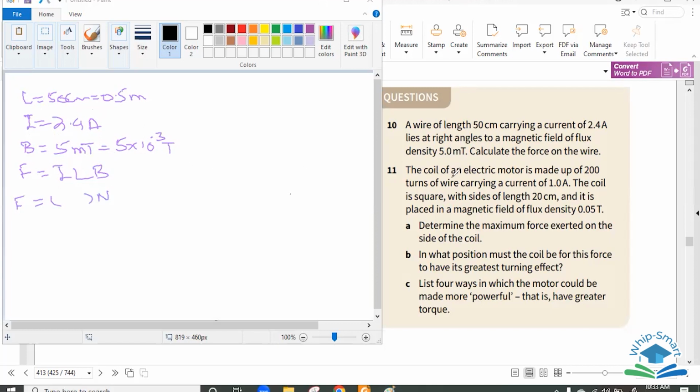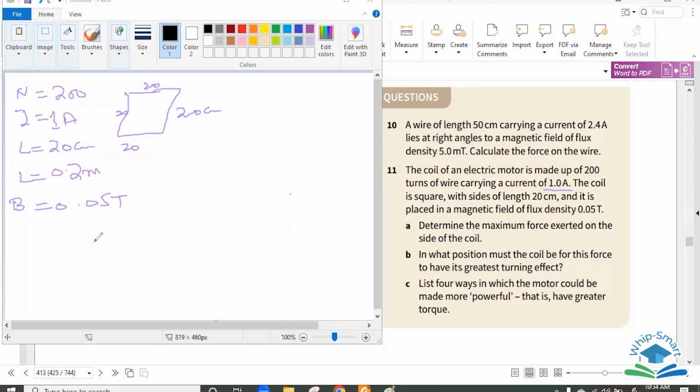The coil of an electric motor is made up of 200 turns of wire carrying current 1 ampere. The coil is square with both sides length 20 centimeter and it is placed in a magnetic flux density of 0.05 Tesla. Part A says determine the maximum force exerted on the side of the coil.